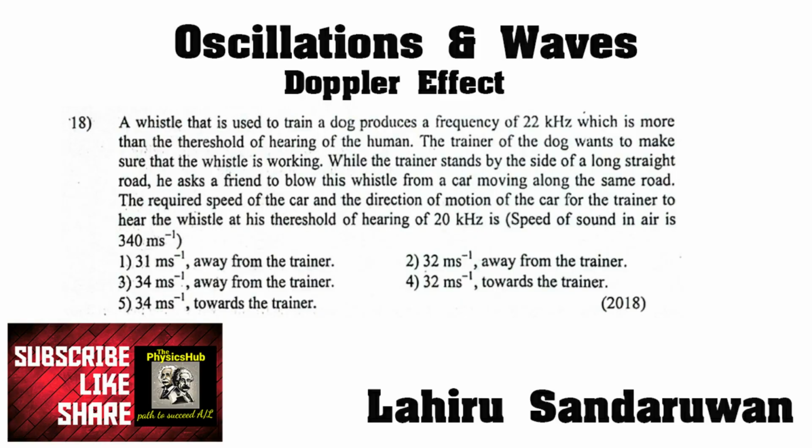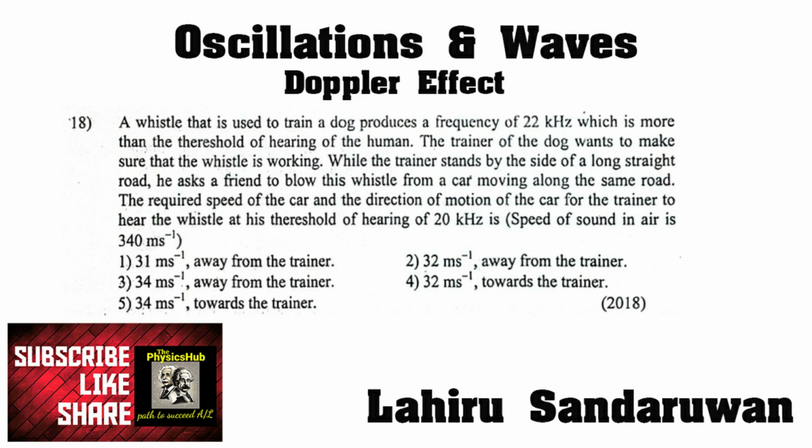Number 8, a whistle that is used to train a dog produces a frequency of 22 kilohertz, which is more than the threshold of hearing of humans. The trainer of the dog wants to make sure that the whistle is working, while the trainer stands by the side of a long straight road.